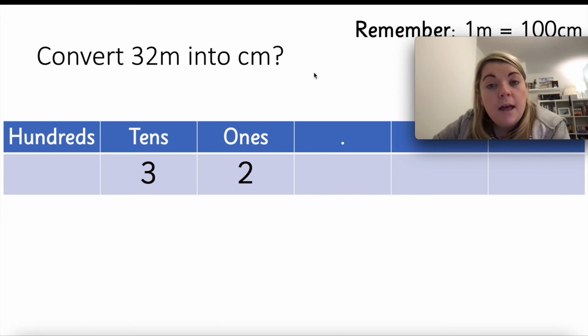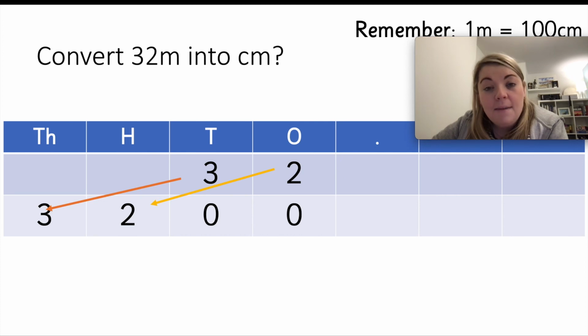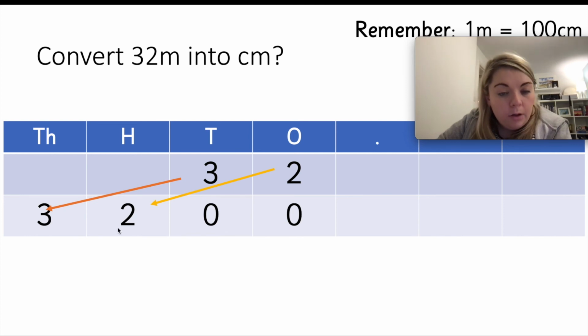Now to multiply by 100, we have to move the digits 2 place value columns to the left. So 32 metres is the same as 3,200 centimetres. So my 3 in my tens column has moved 2 place value columns larger because we're multiplying, and my 2 in my ones column has moved 2 place value columns left as well.